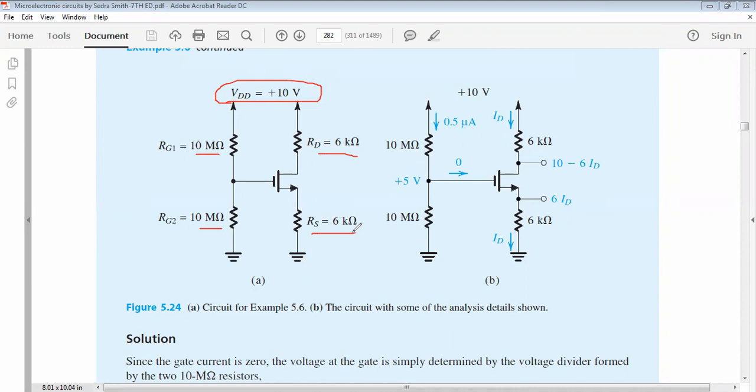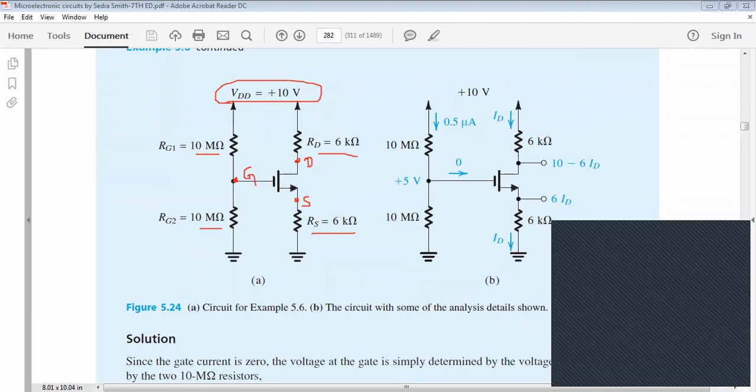Only thing is to find branch currents and node voltages. What are the node voltages here? Three nodes here. This is the drain node, this is the source node, and this is the gate node. So we have to find the gate voltage, drain voltage, and source voltage.